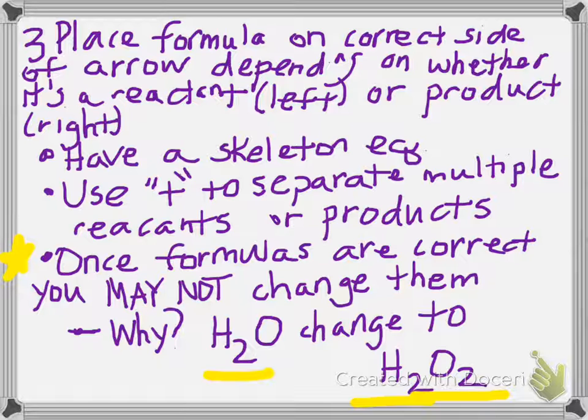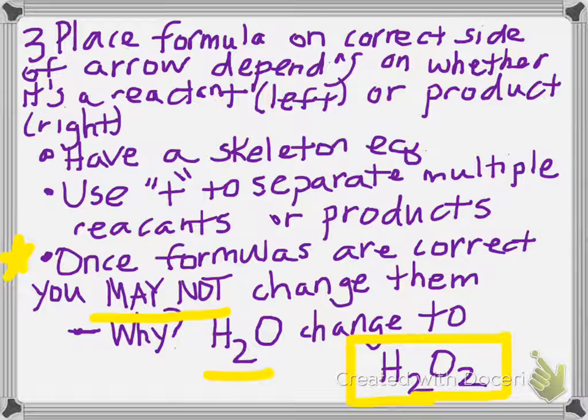Why? Well, remember, if I'm trying to balance my chemical equation and I have water, and let's say that I need 2 oxygens and I'm struggling, so I decide to change my formula to H2O2. The problem with that is that's not the same substance anymore.